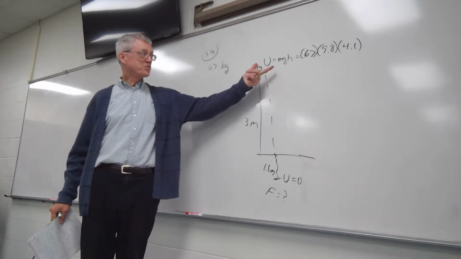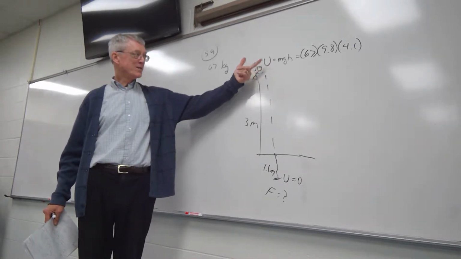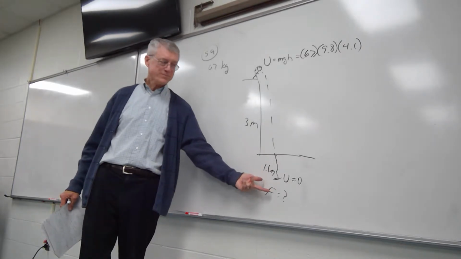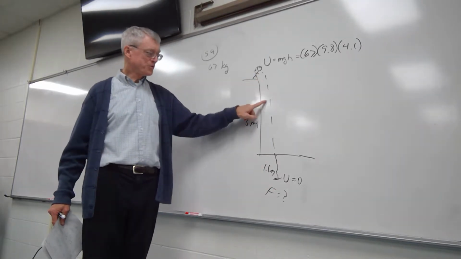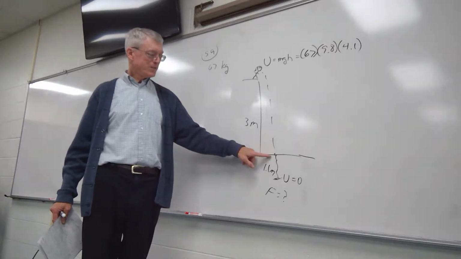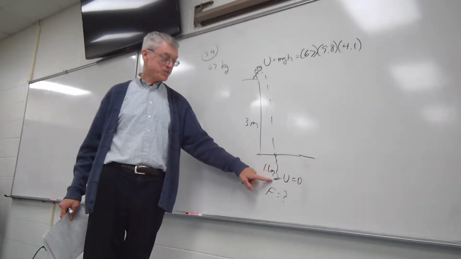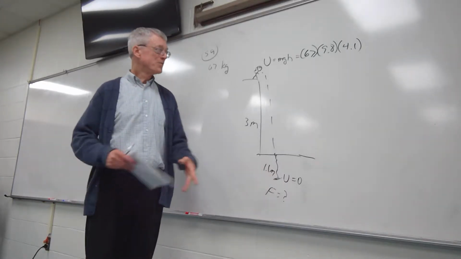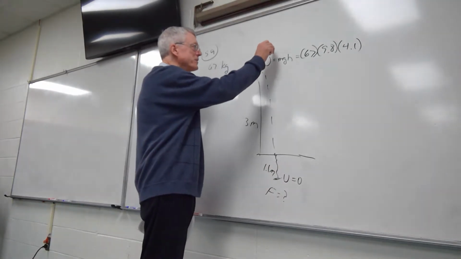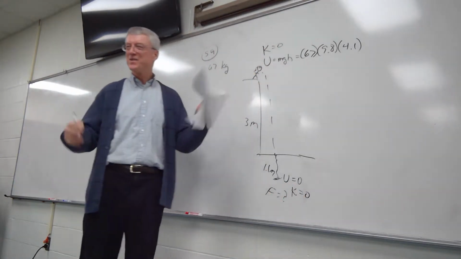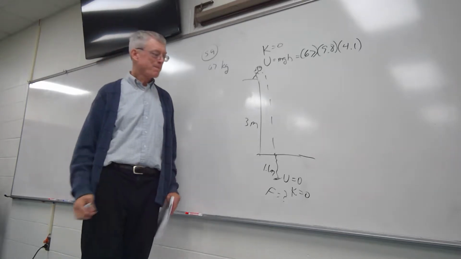So that's her potential energy at the top, and all of that potential energy is gone when she gets to the bottom. Some of it was turning into kinetic until she hit the water, but then the water slowed her down, and when she stops down here, she doesn't have any kinetic either, does she? So her kinetic energy initially was 0, and down here her kinetic energy is still 0, so kinetic doesn't even play a part in this story.